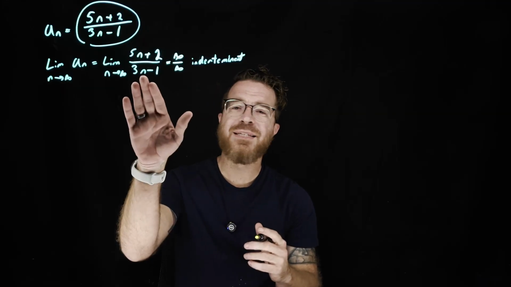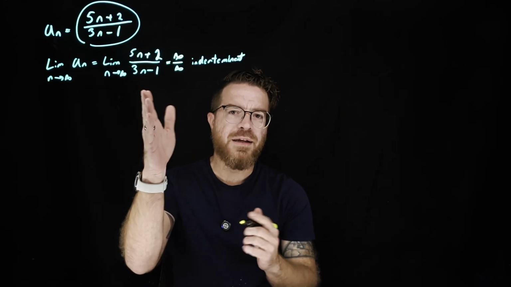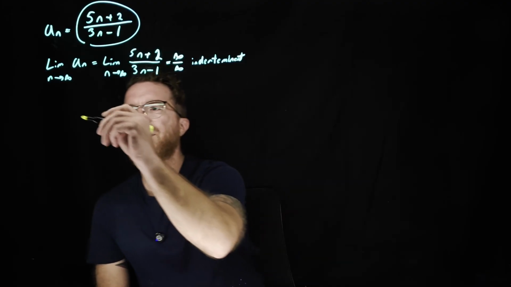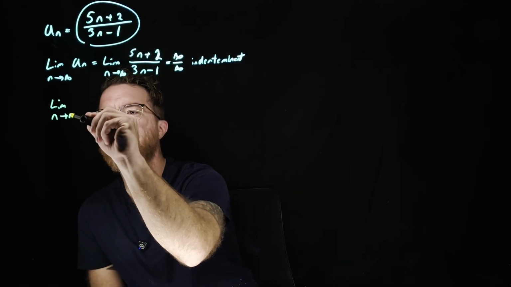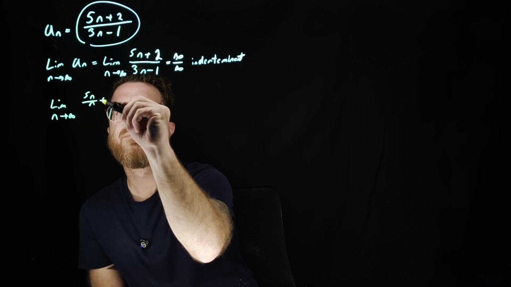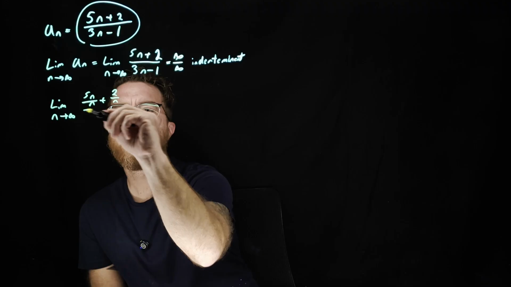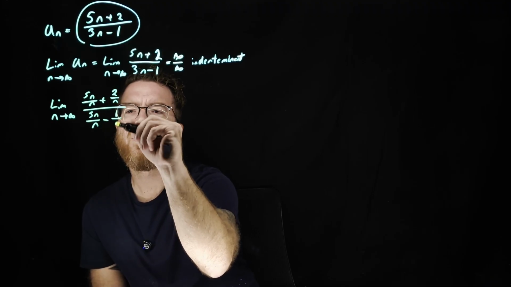Because this one has an n in the bottom, I'm going to divide everything by n, in this case, the highest power. So this is going to be the limit as n approaches infinity of 5n over n plus 2 over n, divided by 3n over n minus 1 over n.